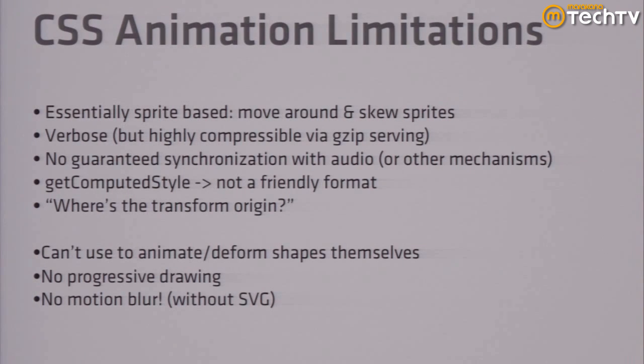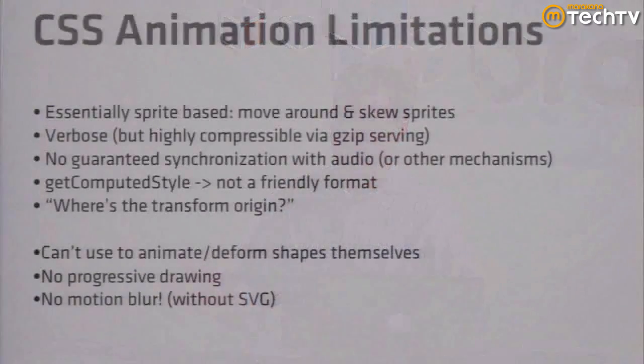Because after you nest a couple of these things and they're moving around and scaling, you just completely lose track of the start. So you can't use it to animate or deform shapes themselves beyond a simple skew. You can't do progressive drawing, and you've got no motion blur, which I know all you Flash artists and developers will say, you can't do an animation without motion blur, man. But you can't without SVG, which does have directional blurs, and you can actually see it live in Firefox 4, which is awesome.